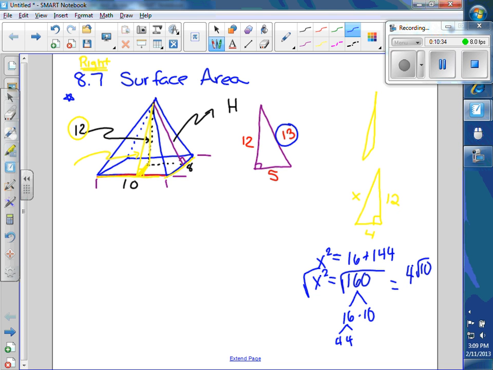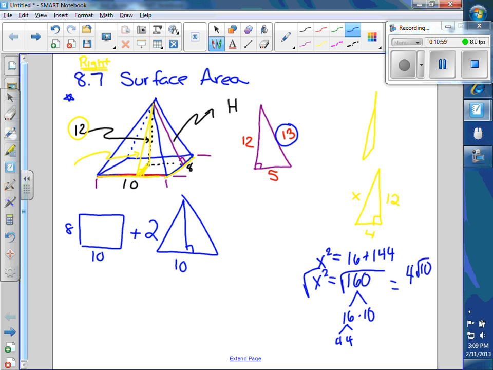I'm not saying on every single problem, but on this test or the next test, Pythagorean theorem is going to keep creeping in. Okay? So surface area now shouldn't be too hard because you have a rectangle, 10 by 8, for the base. And then you have 2 triangles, and the dimensions of those triangles could be a 10 by, what's the height here? 10 by what?